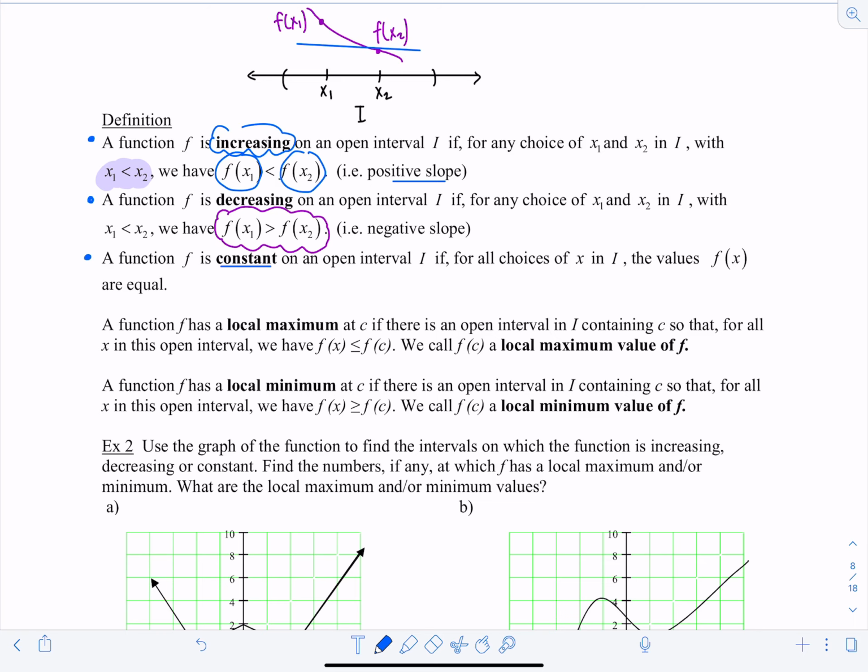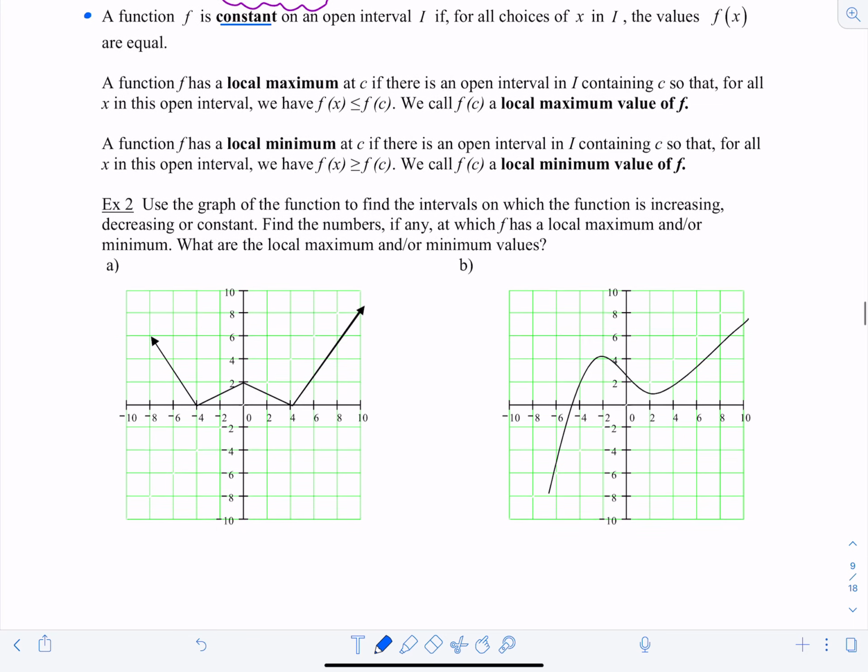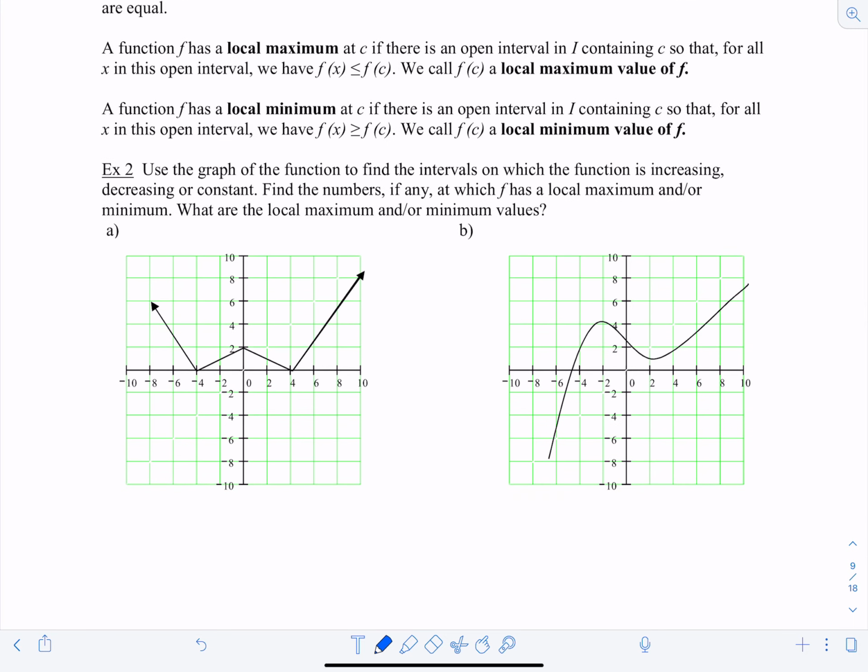All right. Now, some more terminology. A function f has a local maximum at c if there is an open interval I containing c, so that for all x in this open interval, we have f of x is less than or equal to f of c.